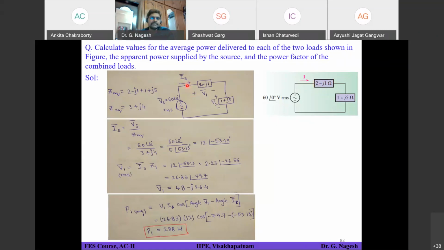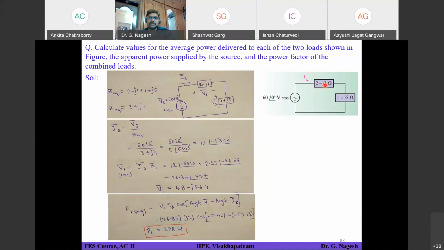But the method which I have shown on the screen is a clear cut method which will not have any confusion in calculating any value: apparent power, average power, power factor, all the information. If you want to cross check, you should be very confident in your concept. You should know what is average power, what is apparent power, what is a resistive load, what is an inductive load.